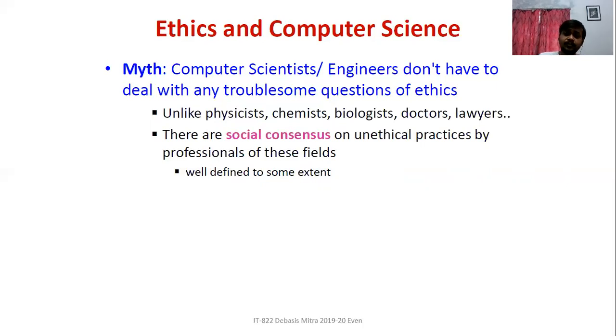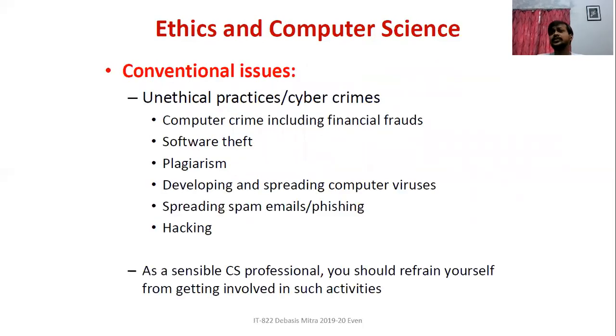In computer science also there is some social consensus about certain conventional issues, mostly related to cyber crimes. As a sensible computer science professional, professionals are supposed to refrain from getting involved in activities like computer crime, including financial fraud, software theft, developing and spreading computer viruses, spreading spam emails or phishing activities, almost all related to cyber crimes, and general plagiarism and hacking.